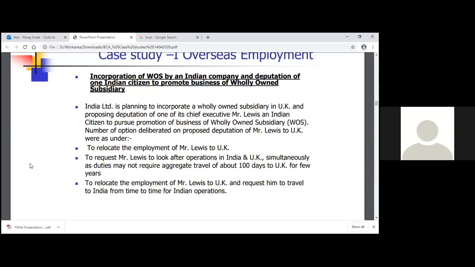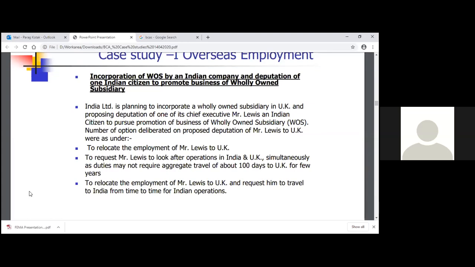We are also told that Mr. Lewis has an income of more than 50 lakhs in India, and he wants to migrate with his family, and he is also looking at making investments outside India in properties and other businesses to pursue this opportunity which has been offered to him by his company.